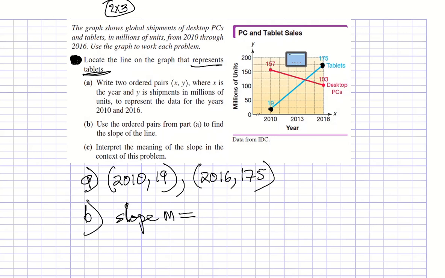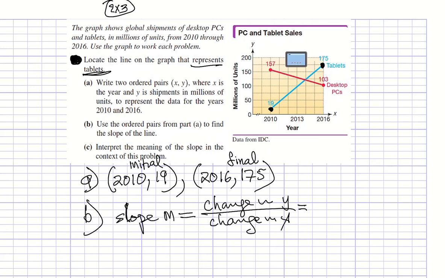Or if you have 2 points, remember what we did: we use this one as the final point and that as the initial point. Remember, it's change in y over change in x. You always have to keep that in mind.